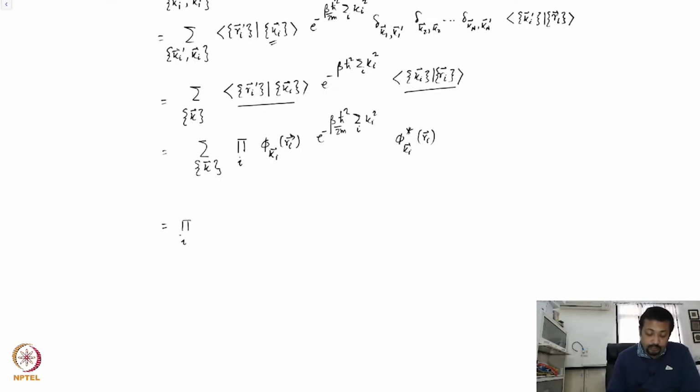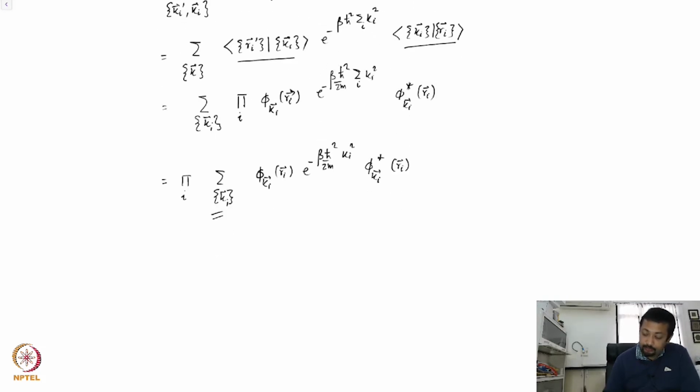So the product over i and the sum over k can be converted into an integral, and if you do this, so let's just first write down this step, sum over ki, phi ki ri e to the power minus beta h bar squared over twice m ki square phi ki star ri.